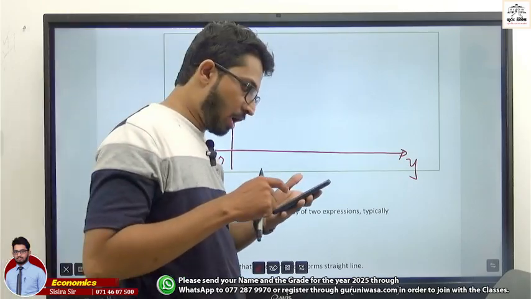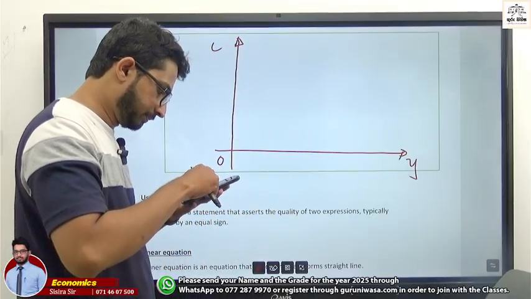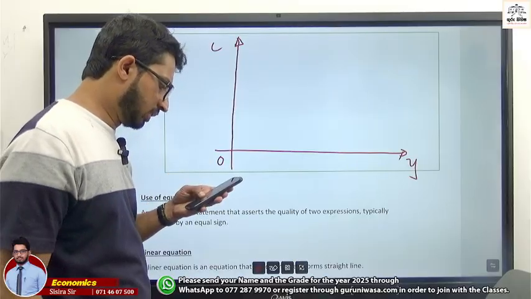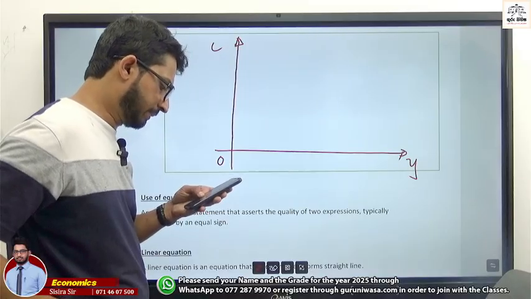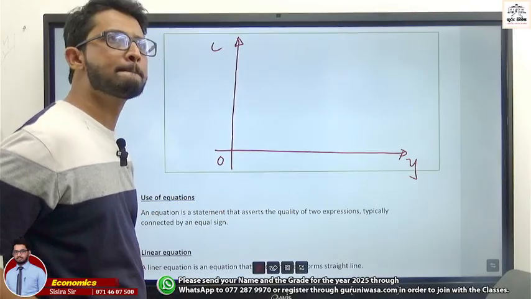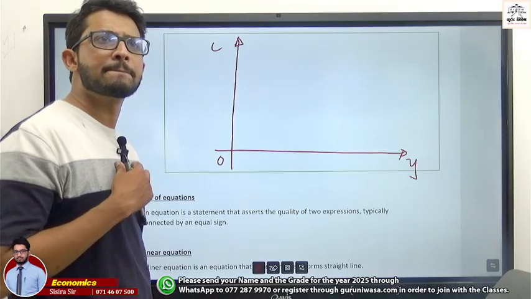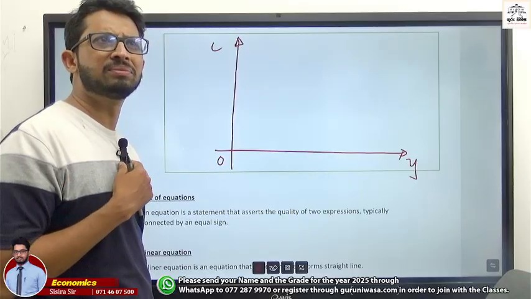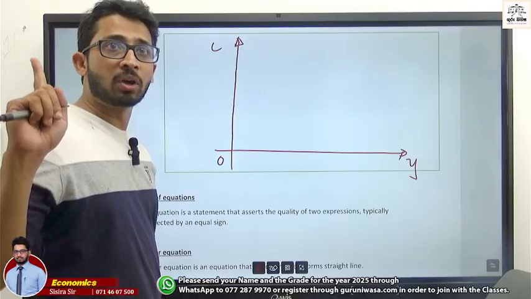How to label your Y axis? 0, 30, 50, 75, 100. Should we go 10 by 10? It's up to you. You can take any value which is easier. 10 by 10 is okay.